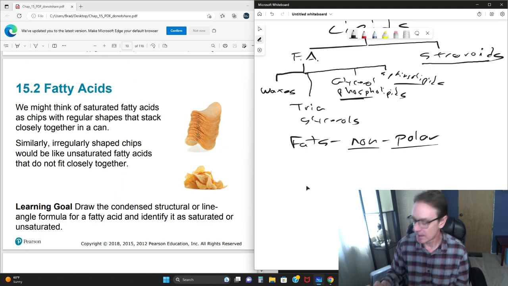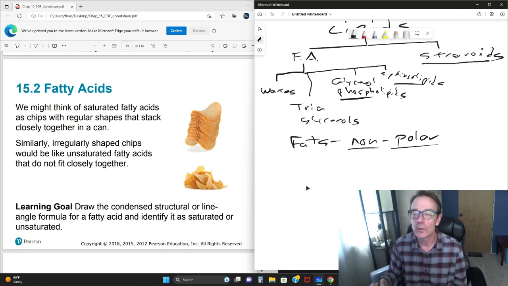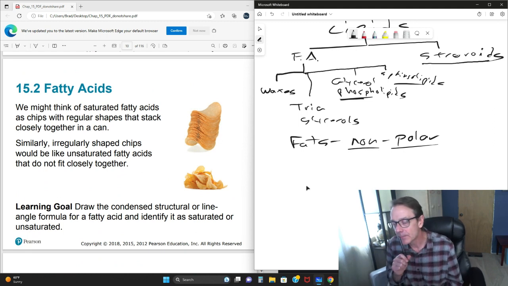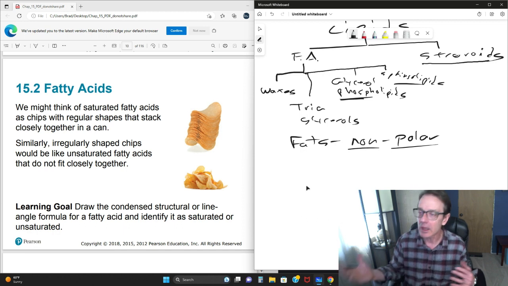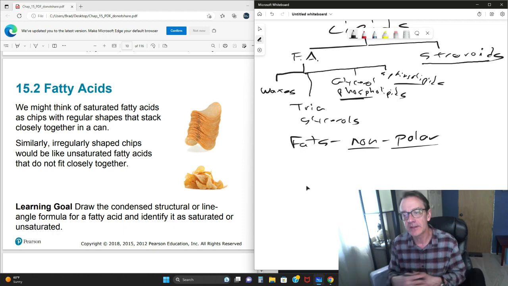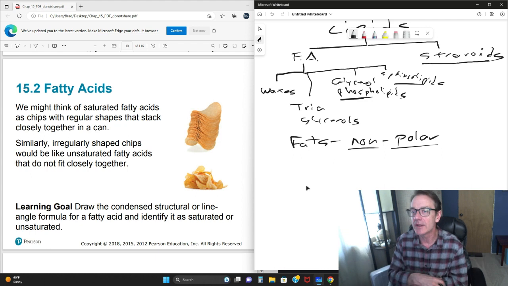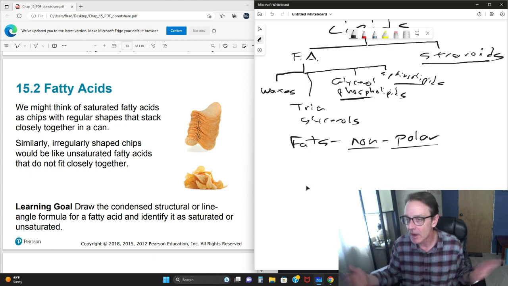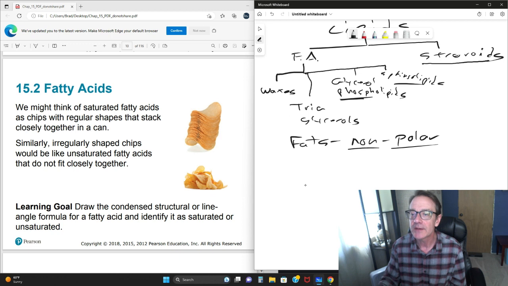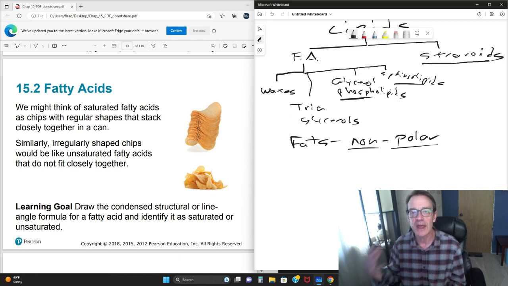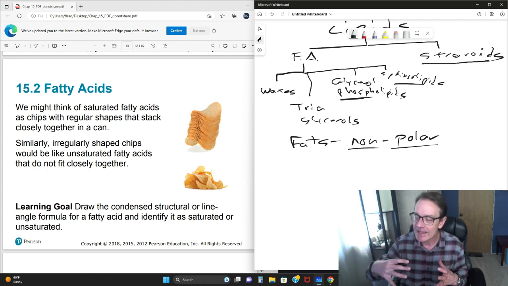This is kind of a useful visual. When we're looking about why fats cause the problems that they do, clogging up coronary arteries, clogging up carotid arteries, causing strokes, heart attacks, all that kind of stuff, it's due a lot to how they fit together based on the structure of those tails on the fatty acids. So some of them stack together like nice Pringles if they can get in a can, right?